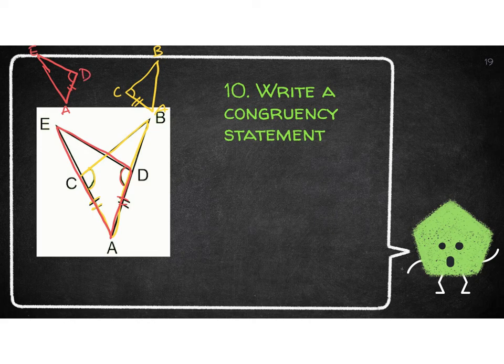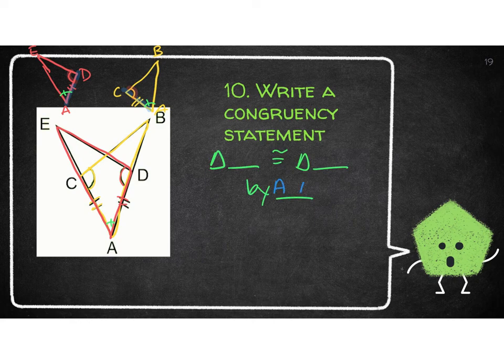All right, just looking at what they've already given us, they have told us that AD is congruent to AC. They have also told us that angle D and angle C are congruent. We can also say that angle A is congruent to angle A because it's the exact same angle. You can see that in our original picture. It's right there. So in this one, we have a reasoning of angle, side, angle.